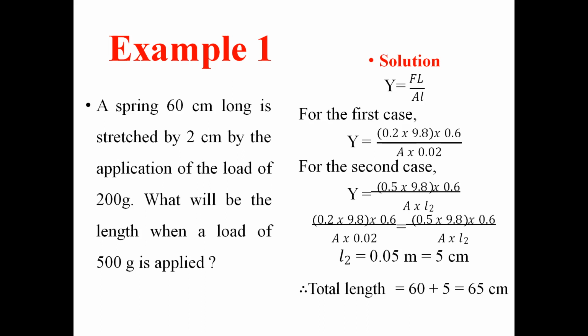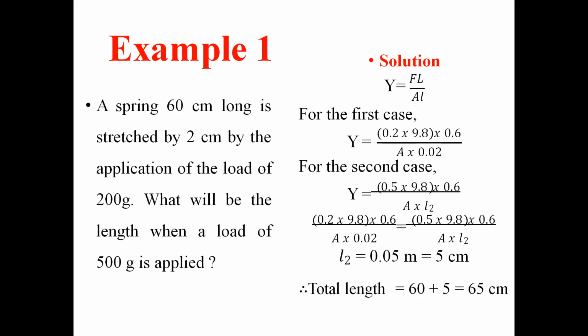This is the problem to find out what will be the length. First we find out the length. This problem is to calculate the length. See this formula: two conditions for two cases, first case and second case.